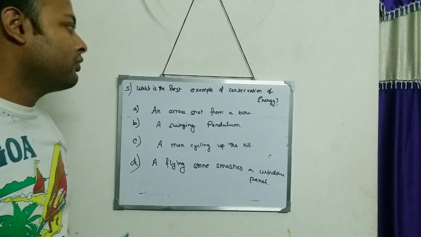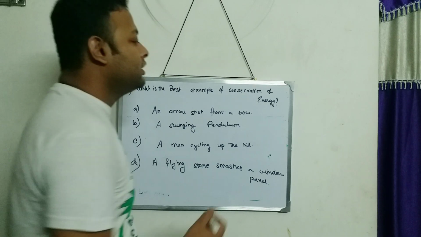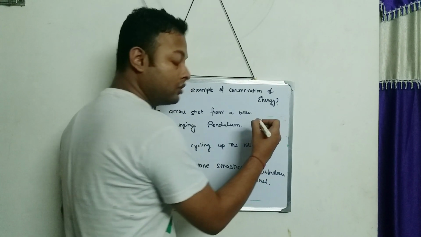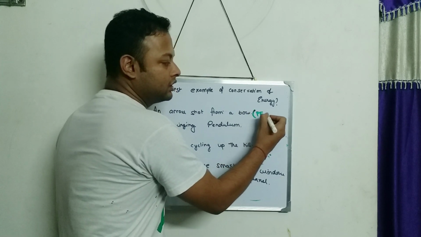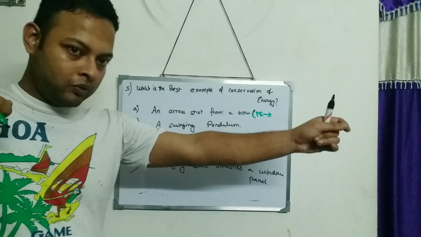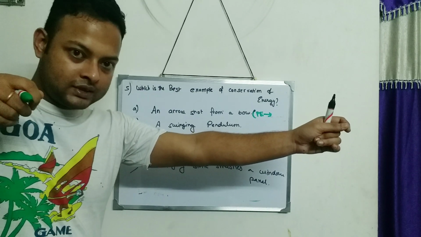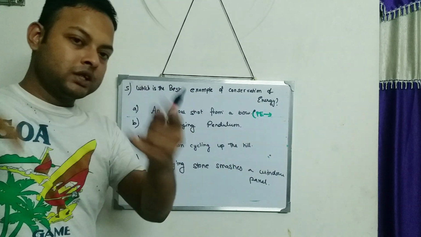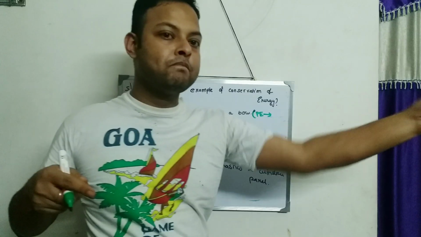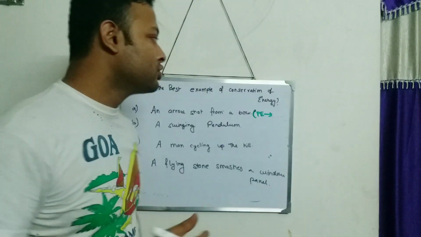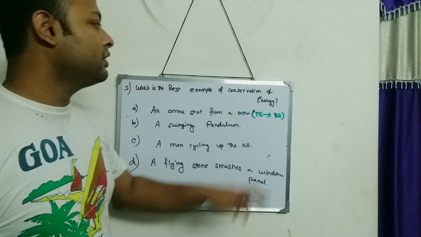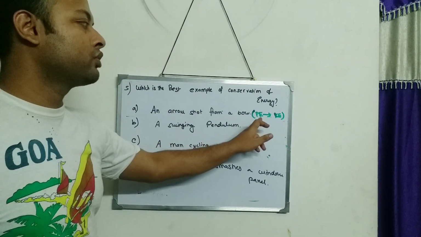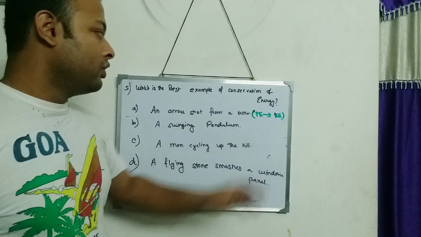Before that, the bow was having potential energy, and as we release the arrow, all the potential energy in the bow gets converted into kinetic energy. So conservation of energy doesn't take place, because only potential to kinetic happens.